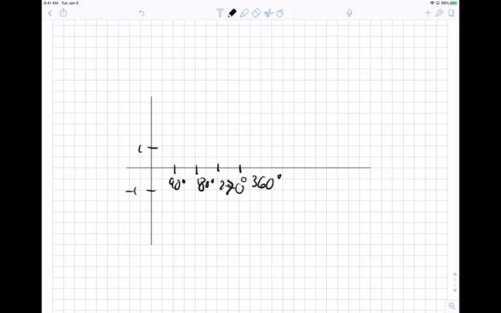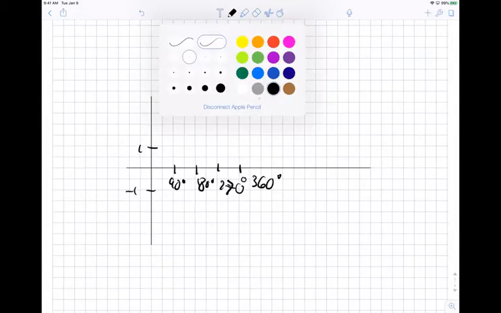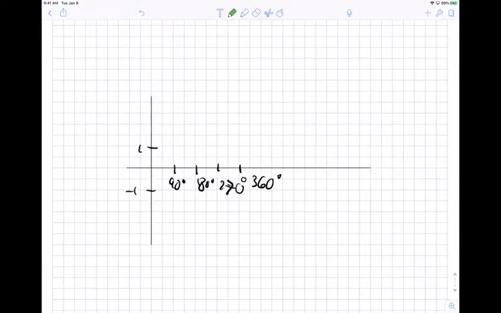Let's graph sine of theta in a different color, really quickly. It goes like this, like this, this, and this. We connect it with a smooth curve and we get this.